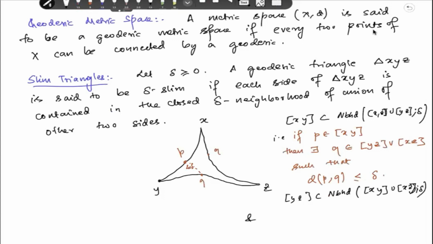And if I take the side ZX, it will be contained in this neighborhood. So this is the meaning of slim triangle.